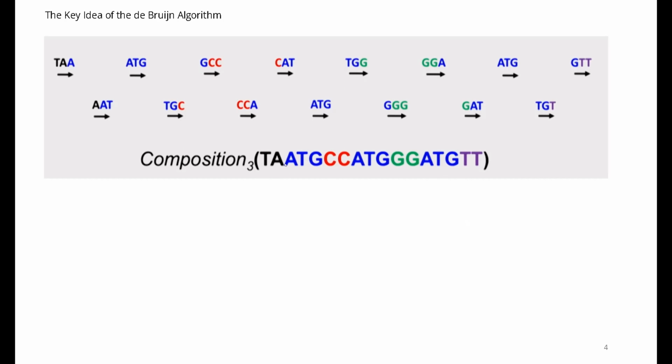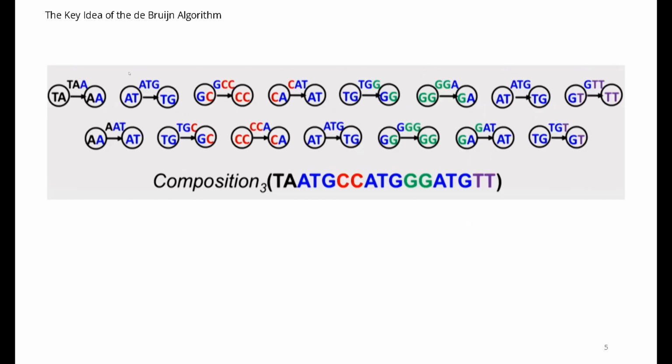For instance, we use k equals 3 and take all possible k-mers: TAA, AAT, ATG, and so on, until we get to the end. Then we construct the vertices of our graph: from each k-mer we produce two (k-1)-mer nodes. For instance, TA, AA, AA, AT, and so on.